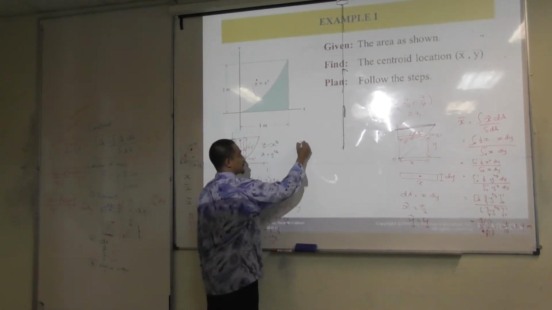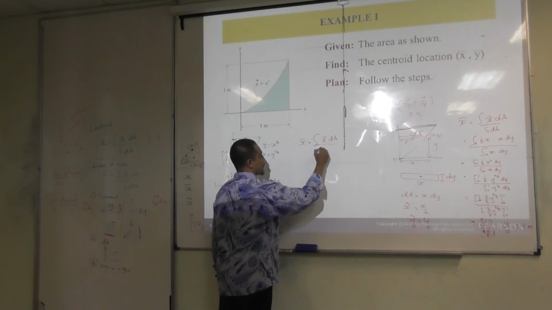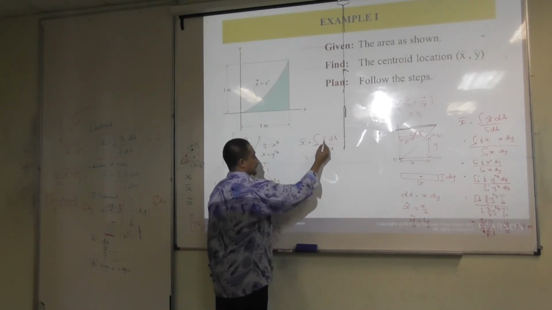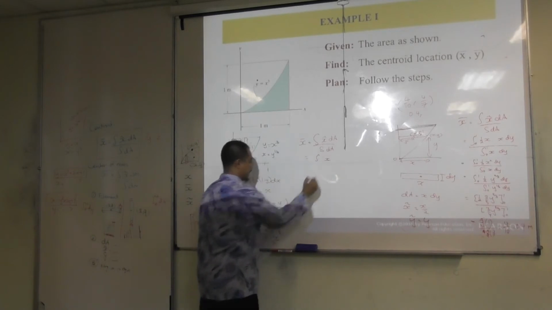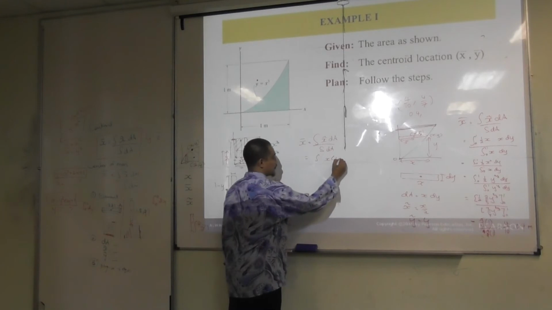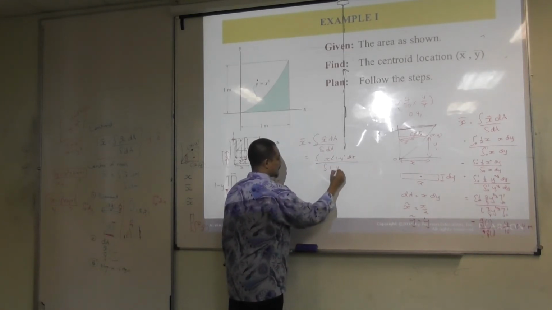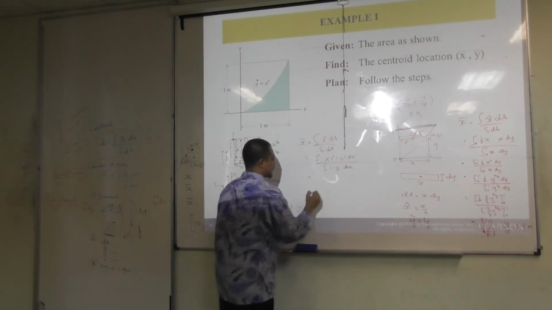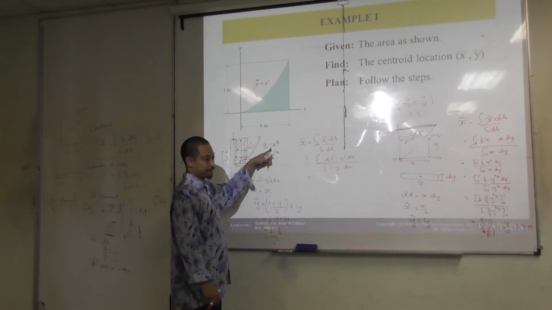The equation will be the same, right? So x bar will be integration of x dA, where dA is (1 minus y) dx, over integration of (1 minus y) dx. And y you have to change to x with this one.